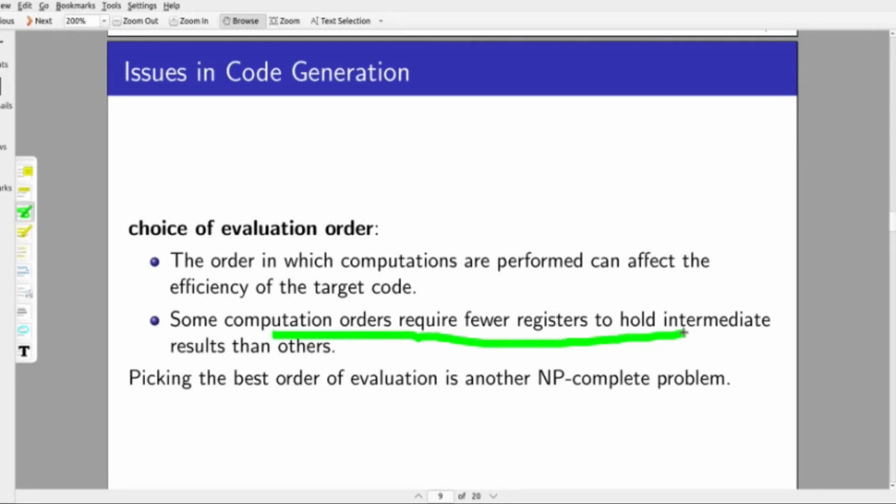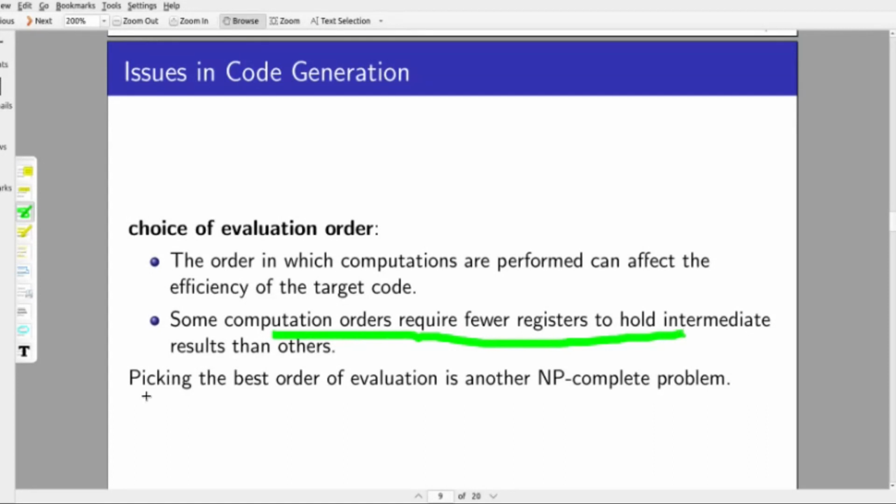If we require fewer registers, then we can hold more variables in the registers. If we use registers effectively for computing instructions, then automatically speed will increase. So the evaluation order will indirectly increase the speed of execution.